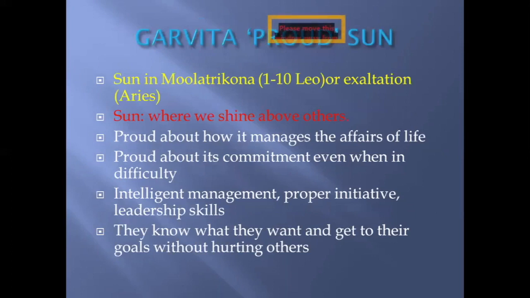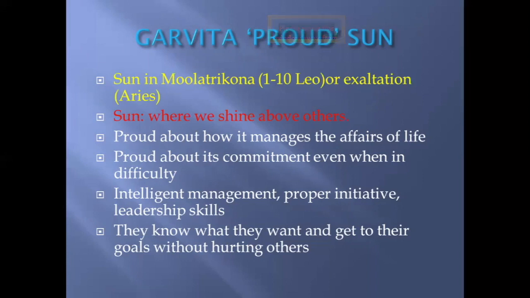Now, Garvita, or proud Sun. That happens when the Sun is in its Mula Trikona. So it's going to be in the sign of Leo, 1 to 10 degrees, or when it's exalted, and that happens in Aries. Okay, the Sun's exalted in the sign of Aries.